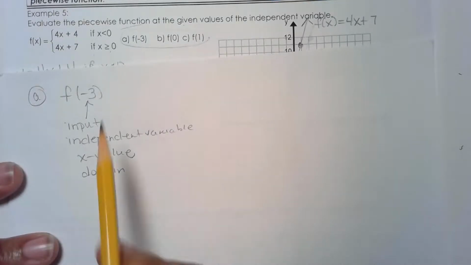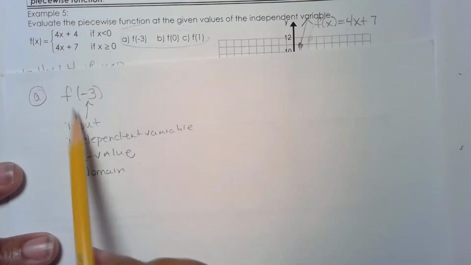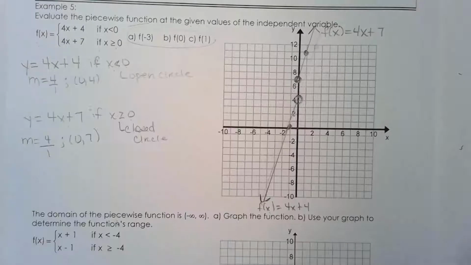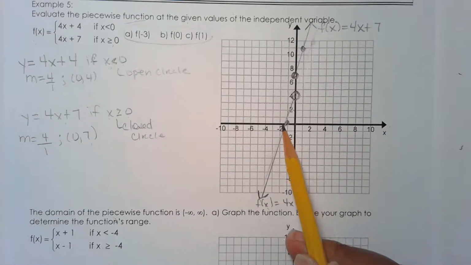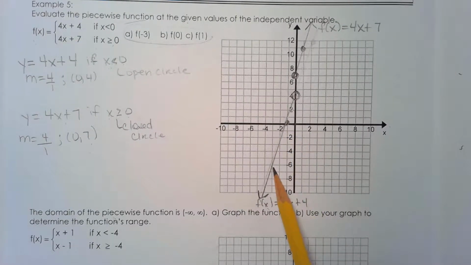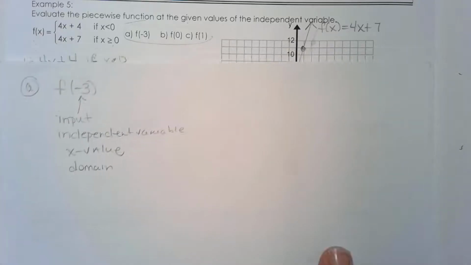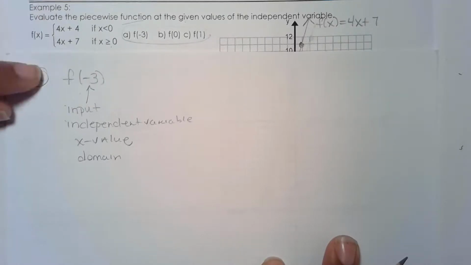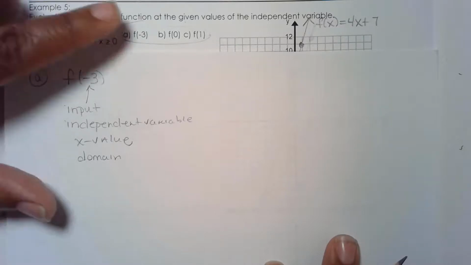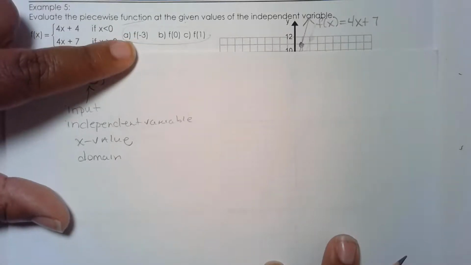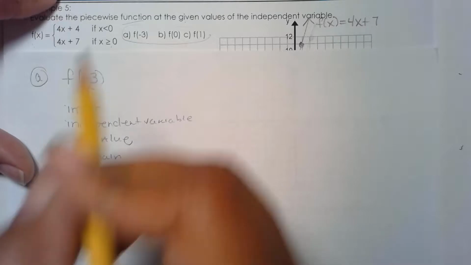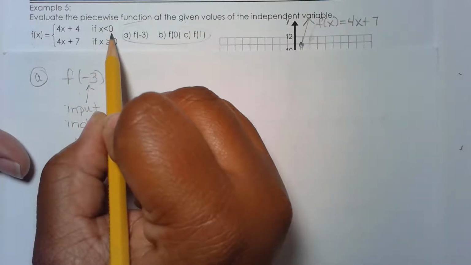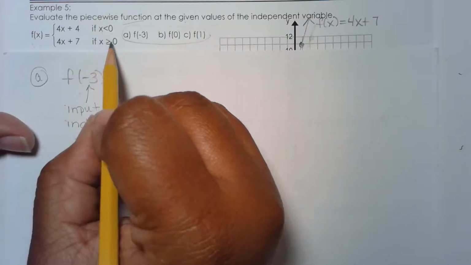So it says here, find f of negative 3. Now, if you want to, you can look at the graph and count over negative 3 and then count down, and we can go that route. Or, which function, which equation here, where would this f of negative 3 fit? Will it fit when x is less than 0? Or will it fit when x is greater than or equal to 0?